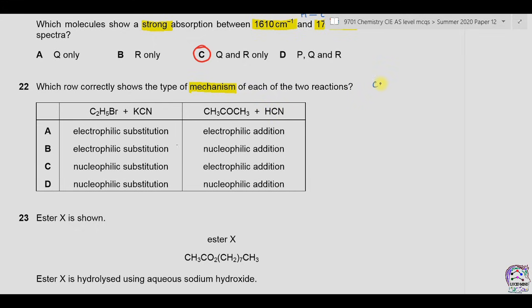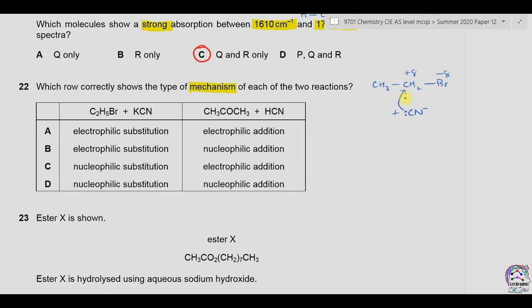For C2H5Br, we can write CH3CH2Br. In the presence of potassium cyanide, cyanide ion will come. There is a lone pair of electrons on the carbon atom. Now bromine is electronegative, so it will be partial negative and carbon will be partial positive.